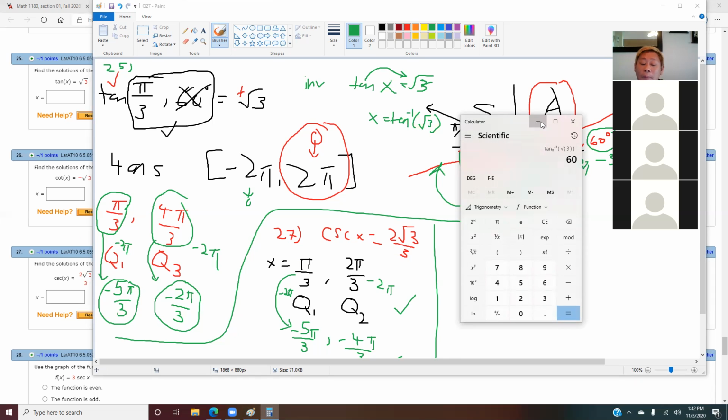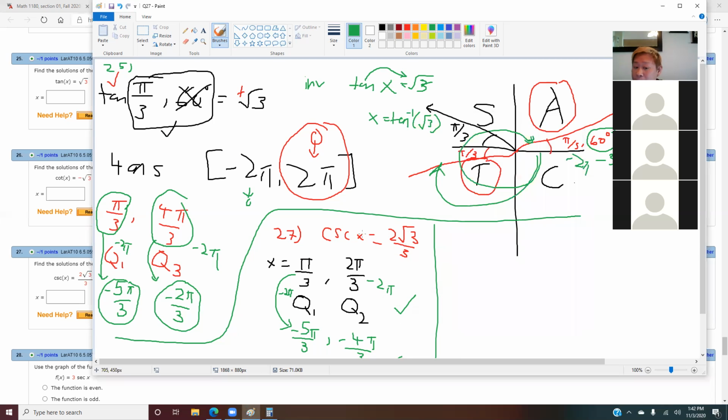Okay. How about if the same thing happens here and you move your cosecant over? This is actually the inverse cosecant of 2 root 3 over 3. But if you look at your calculator, you don't have a cosecant, right? You only have tangent, sine, cosine and their inverses.